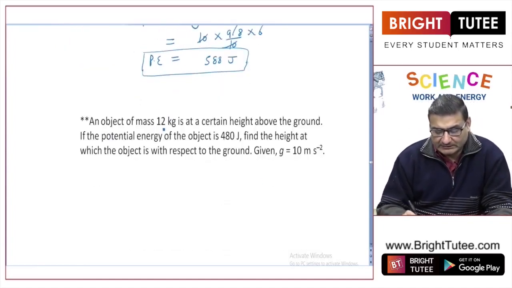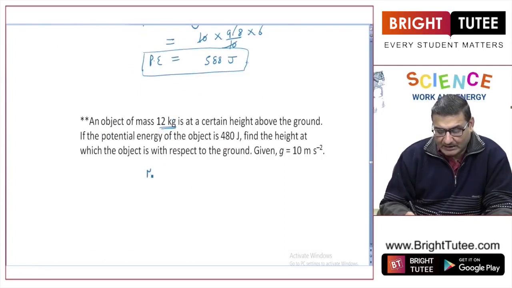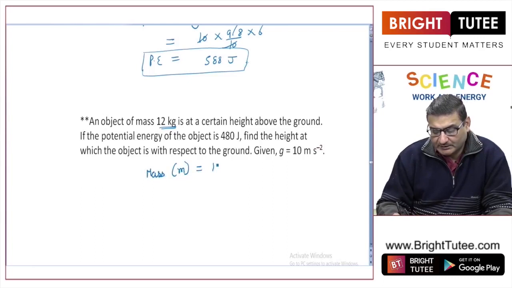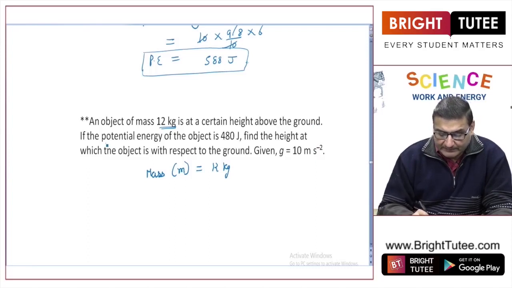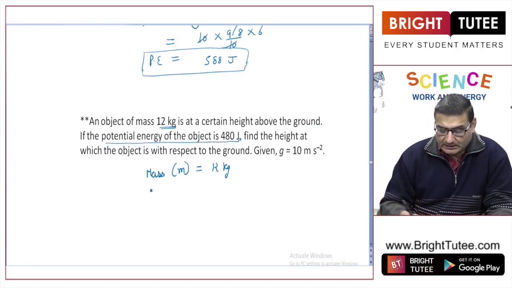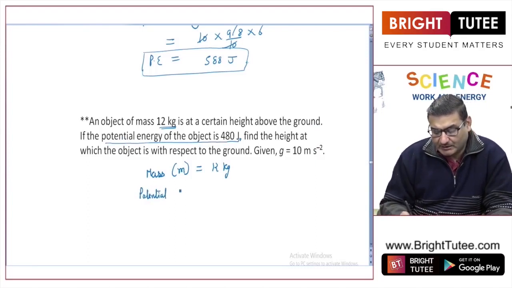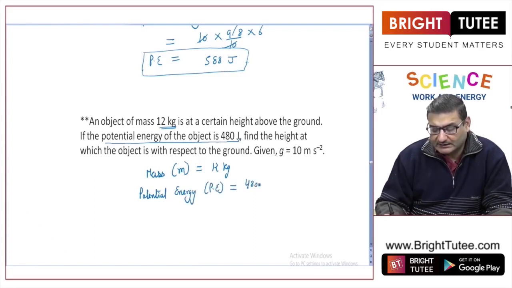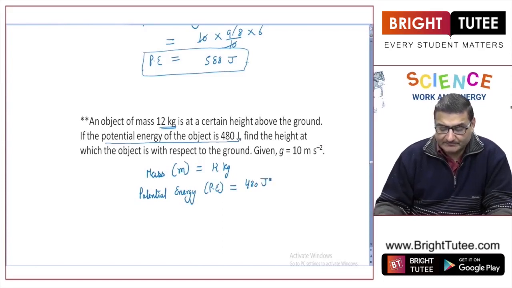An object of mass 12 kilogram. Now, in the question we are given mass, represented by small m, to be 12 kilograms, at a certain height above the ground. If the potential energy of the object is 480 joules. Now, in the question, the amount of energy possessed by this object is already given to us, that is 480 joules.